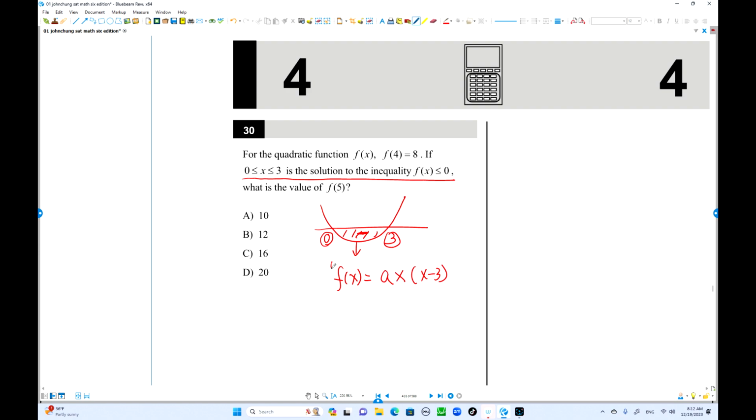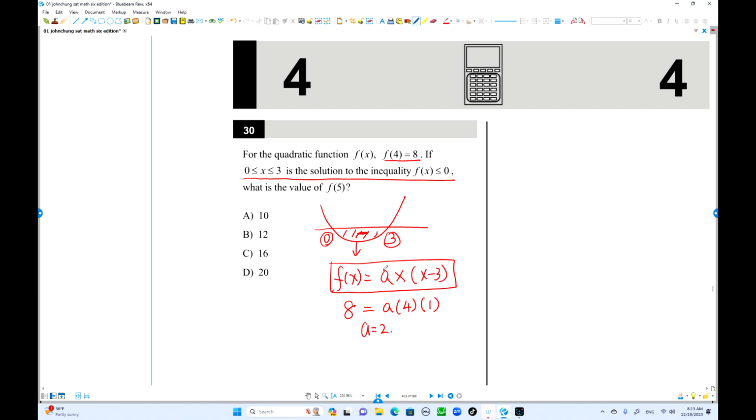Okay, this is the general equation of this. But anyway, we're going to decide the value of a, right? Using this point. When x is 4, y is 8. Y is 8 when x is 4. 8 equals a times 4, and 4 minus 3 is 1. 4a is 8, a is 2, right?